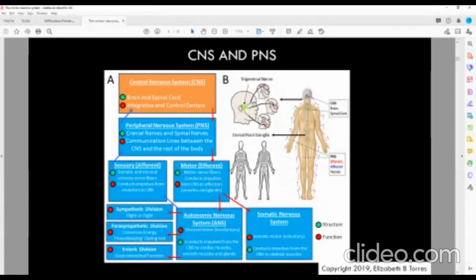And it's an axis that is going to become very important in autism in the next few years. The sympathetic division is for fight or flight, and Mona is doing a lot of research here on applying these methods, and the parasympathetic division is to conserve energy and for housekeeping during rest. So this balance is very important, and it appears to be disrupted in autism, according to research from our own lab and from other labs.